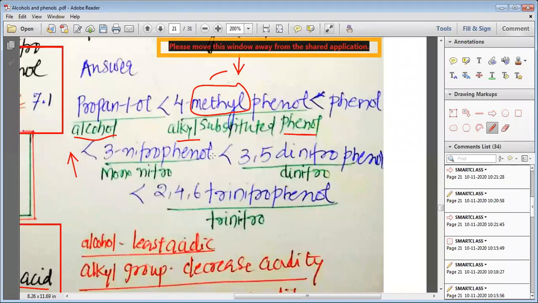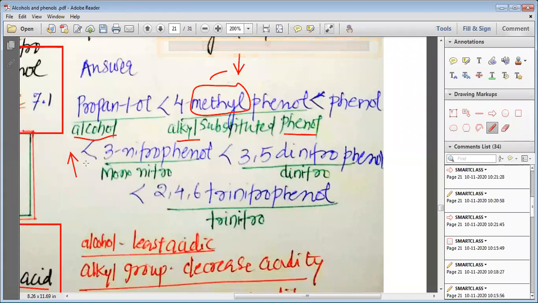Now we have the three compounds which are having the nitro group, which actually increases the acidic strength. So the nitro group is an electron attracting group, and that is why it increases the acidic character.